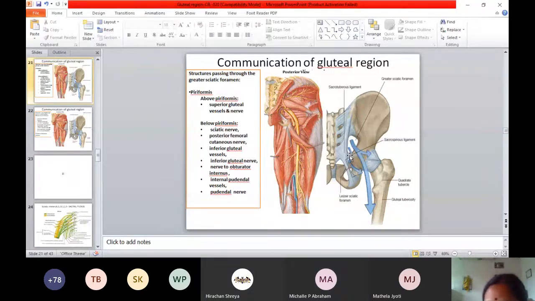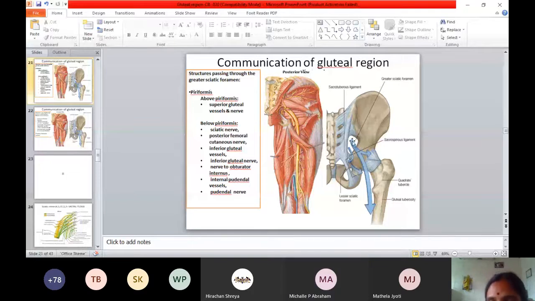What is the name of the ligament from the sacrum to the ischial spine? This one, the small one. Sacrospinous ligament. So the sacrotuberous ligament and the sacrospinous ligament divide the greater sciatic notch and the lesser sciatic notch into the greater sciatic foramen and the lesser sciatic foramen.